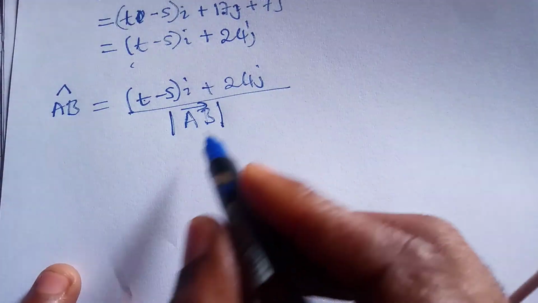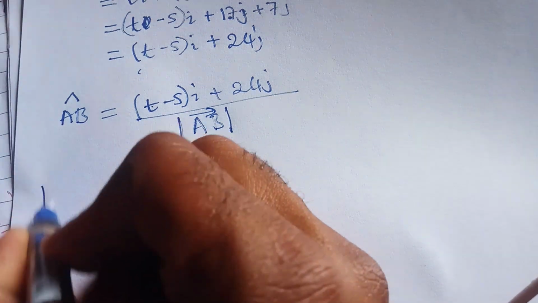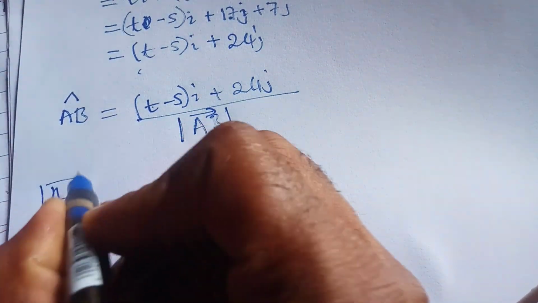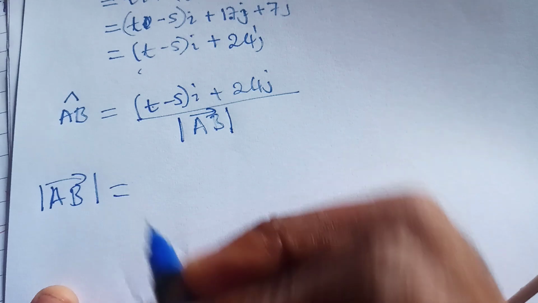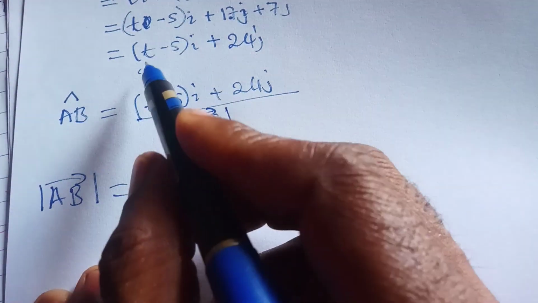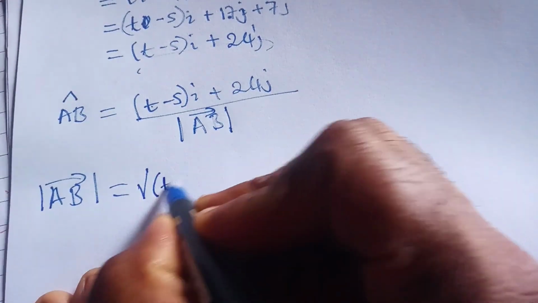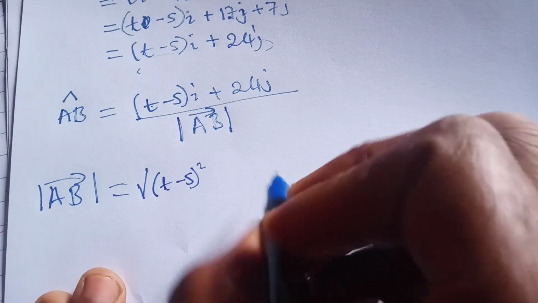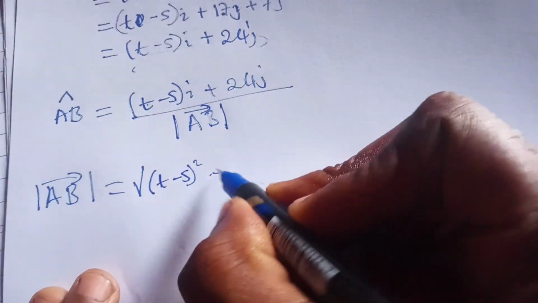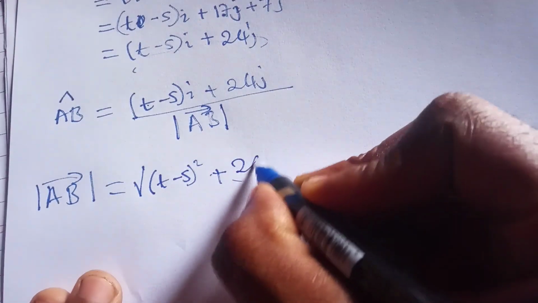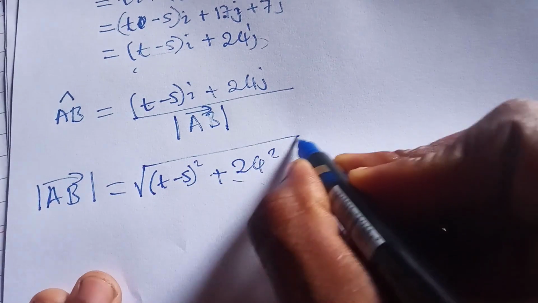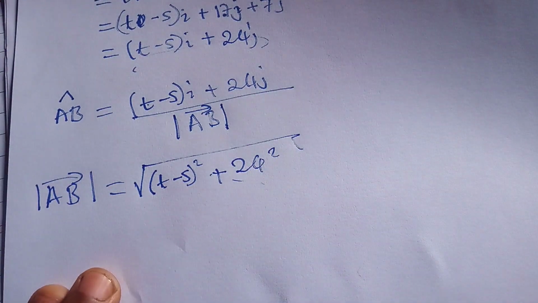So the magnitude of AB is just, you square the x coefficient and then add it to the square of 24. This will be your magnitude.